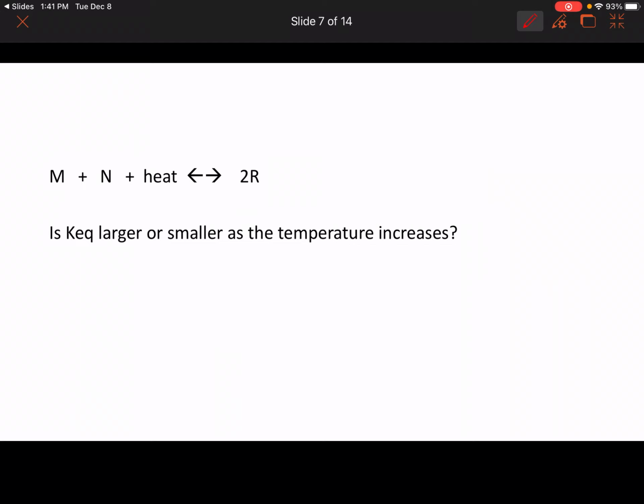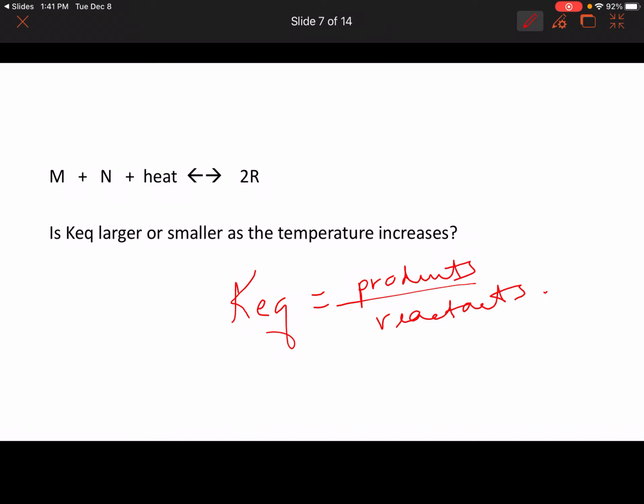Okay, so this question here is, is KQ larger or smaller as the temperature increases? To do this, you want to remember that KQ is equal to products over reactants. If we increase the temperature, we've said that equilibrium shifts right, which means the products get bigger while the reactants get smaller.